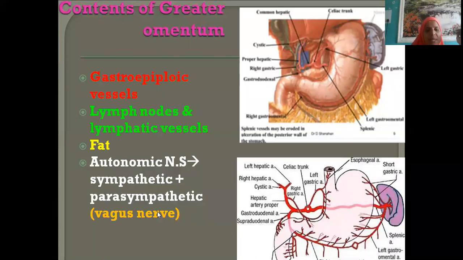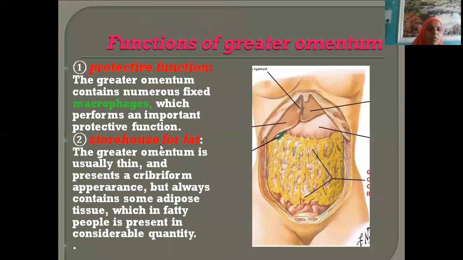For your easy understanding, I am telling you. Now, what are the functions of greater omentum? Greater omentum is called the policeman of the abdomen because it has a lot of macrophages. So wherever, like in the greater sac, you have any infection, it moves like a policeman. It goes to the place of bacteria and engulfs the bacteria.